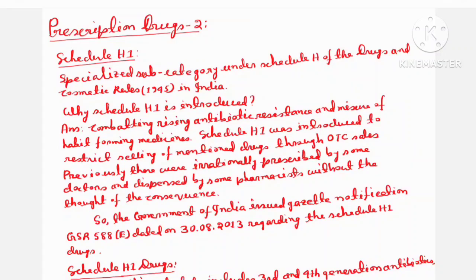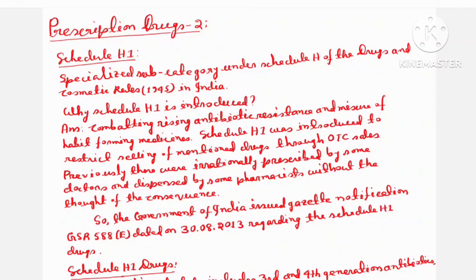Now, why was Schedule H1 introduced? For combating rising antibiotic resistance and misuse of habit-forming medicines. Schedule H1 was introduced to restrict the selling of the mentioned drugs through OTC sales.